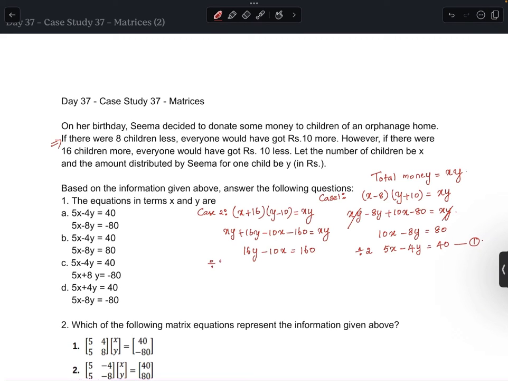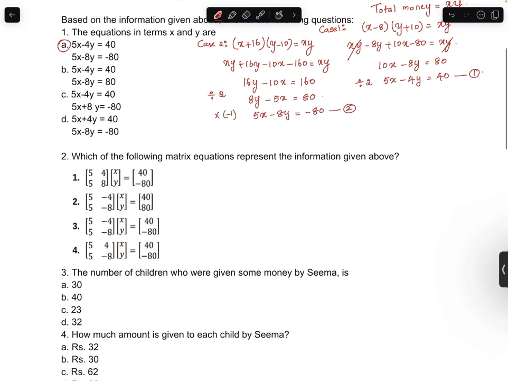Dividing this equation by 2, we get 8Y minus 5X is equal to 80. Multiply the equation by minus 1, so we get 5X minus 8Y is equal to minus 80. This is the equation 2. The answer is A.